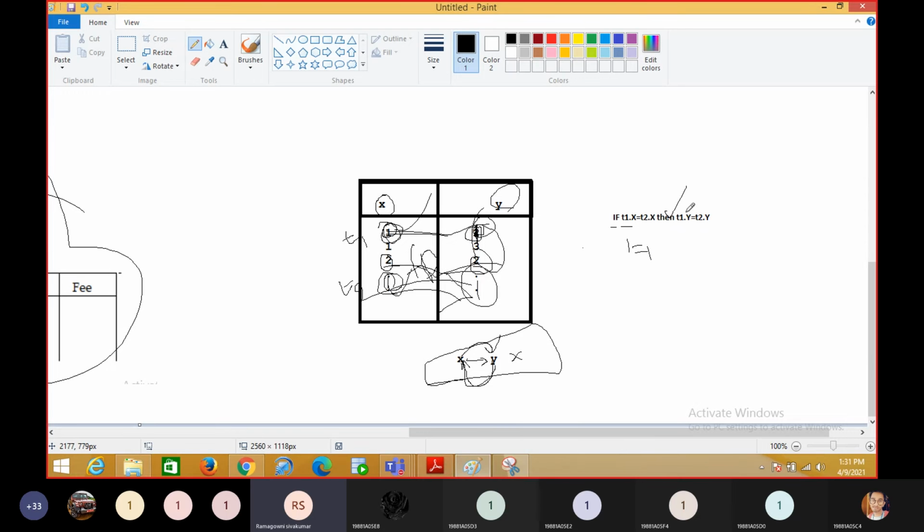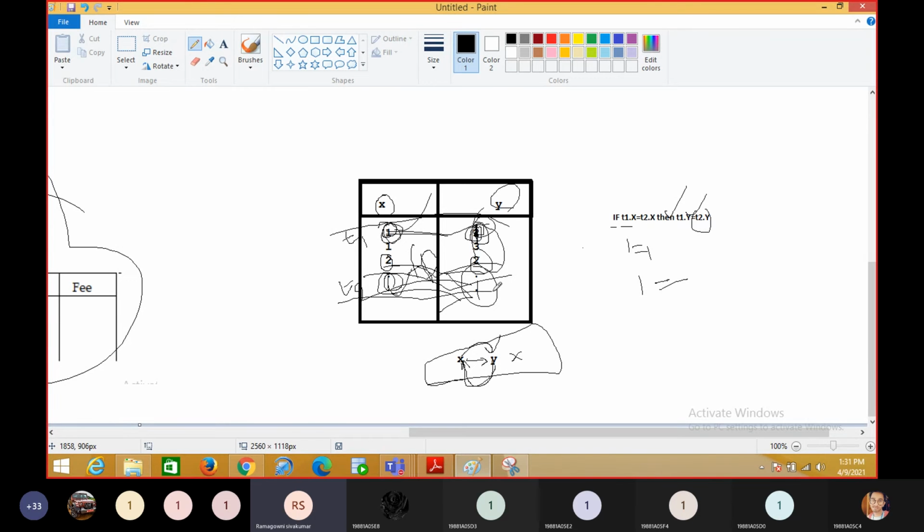Then only we are going to check t1 dot y. Here t means tuples, rows. Okay, and t1 dot y, this is y attribute, right? From y attribute also, from tuple t1, t1 dot y is 1, equal to t2 dot y.